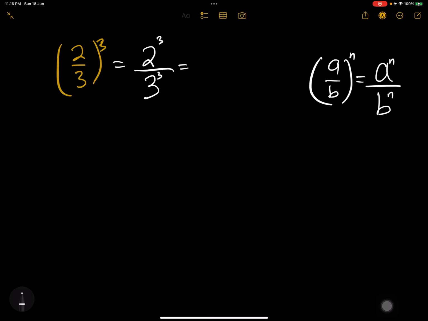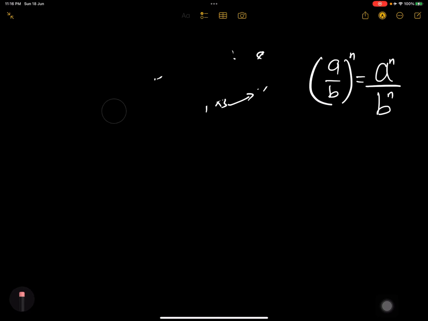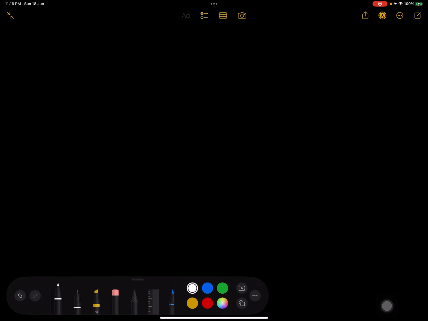The numerator gives us 8, because 2 times 2 times 2, and the denominator gives us 27, because 3 times 3 is 9 multiplied by 3, and we get our 27. So we get 8 over 27.